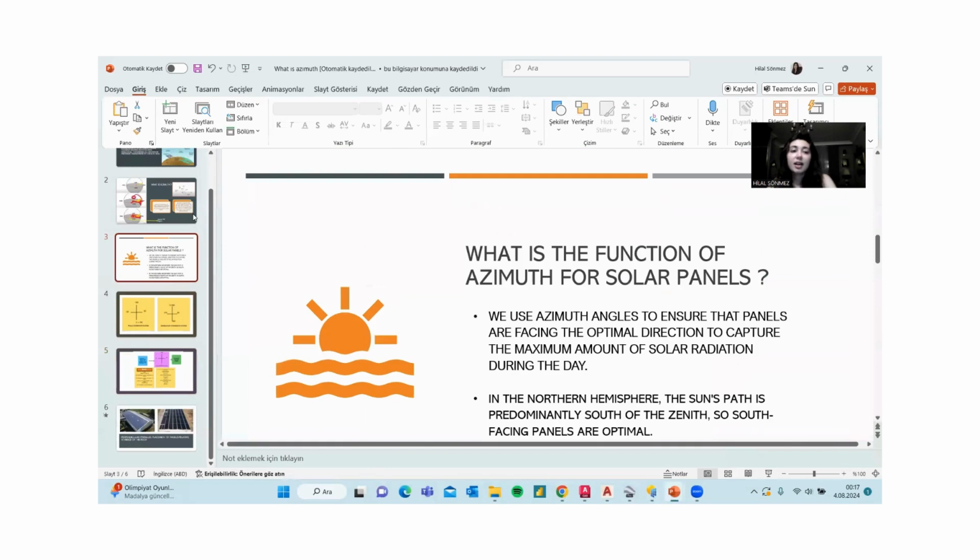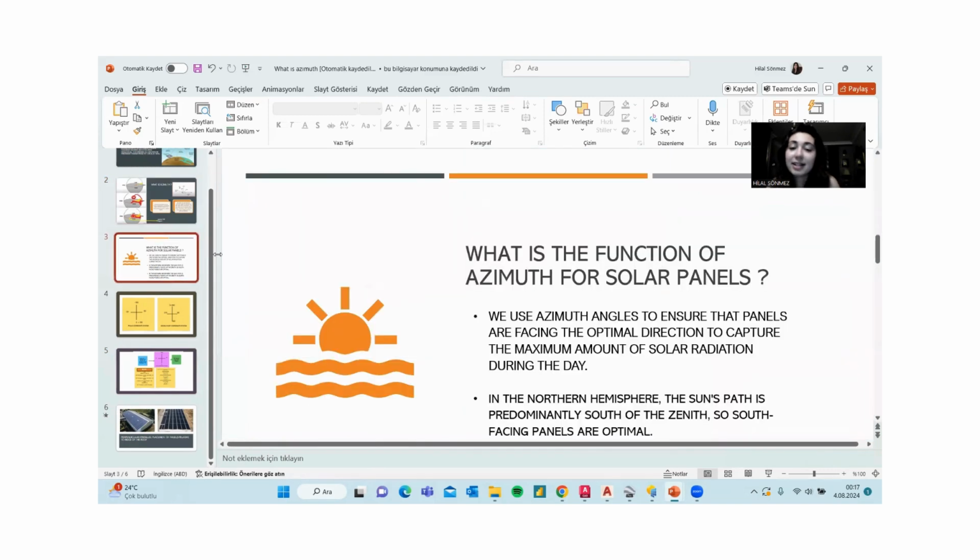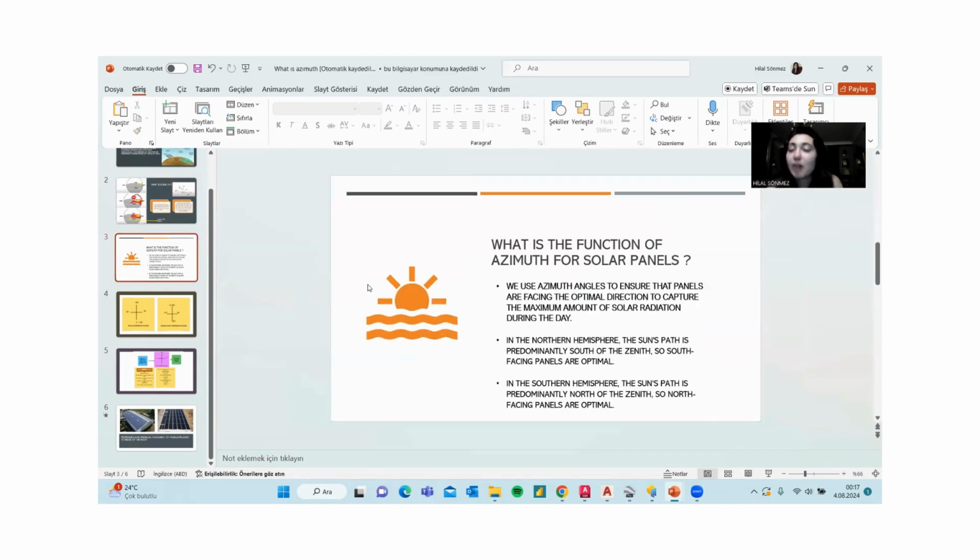Yes. Lastly, we talked about what azimuth is, what the sense behind azimuth is, and I want to talk a little bit about the function of azimuth for solar panels. As we wrote in the slide, we use azimuth angles to ensure that our panels are facing the optimal direction in order to capture the maximum amount of solar energy throughout the day.